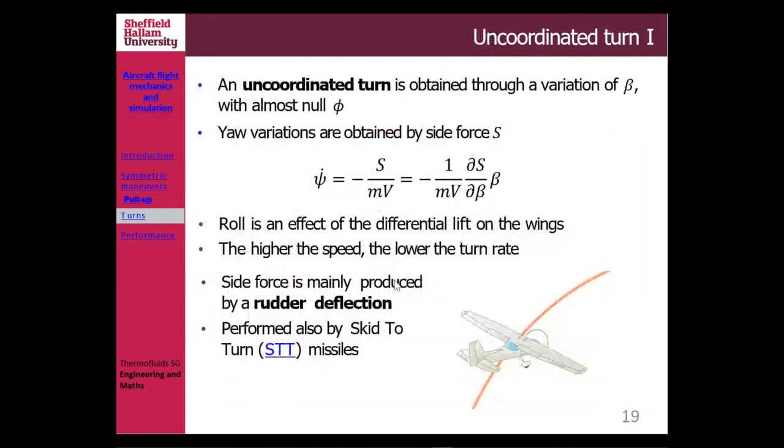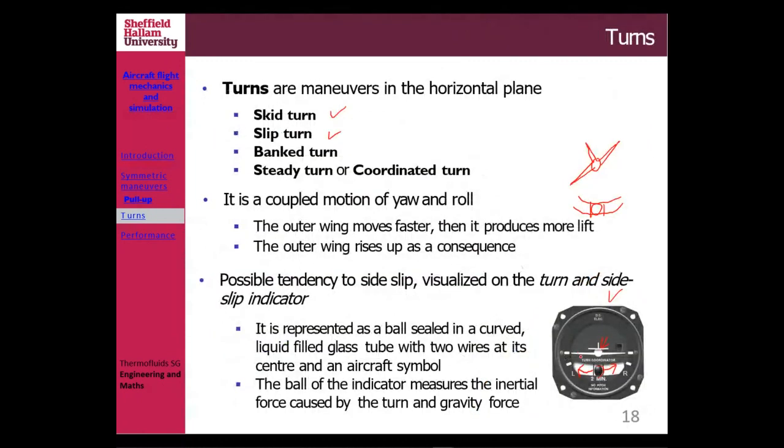So if you look back to that turn and side slip indicator, when you make a turn, that aircraft symbol there is going to tilt like that, for example. That actually shows your bank angle. But if you make a slip or skid, then that ball is going to move to the side, to the left side or to the right side.